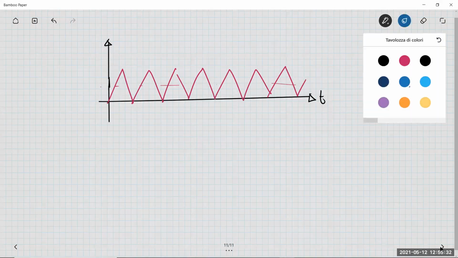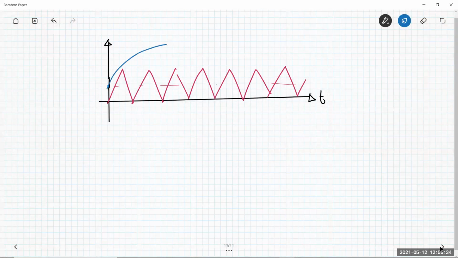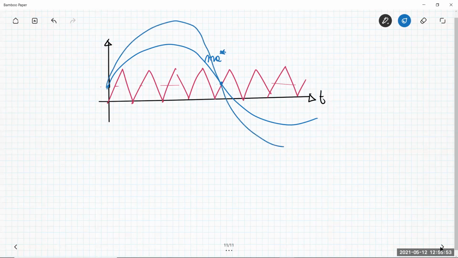Then I have my control voltage here. Okay, so for example, you have this behavior here. What happens? This is for MA star. The control voltage has exactly the behavior for which I cannot have any more comparison. What happens if I increase again? Something changes? No.